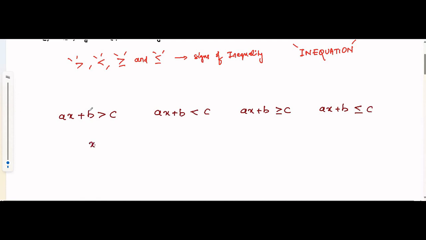So here x is the only variable, linear inequation in one variable. a, b and c are constants.